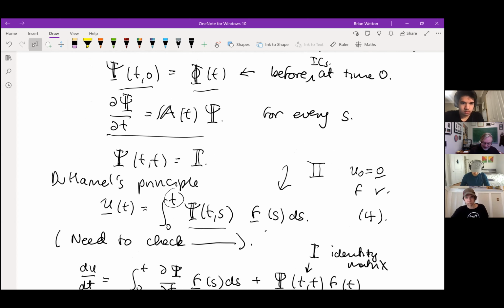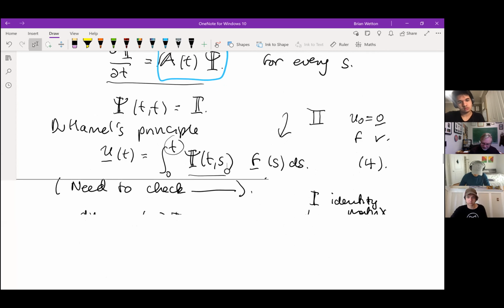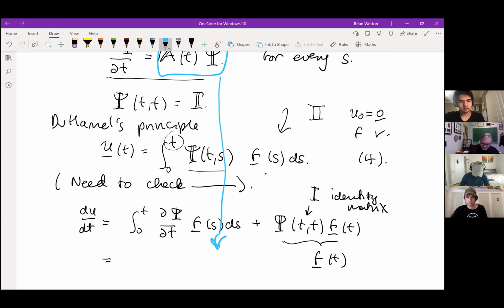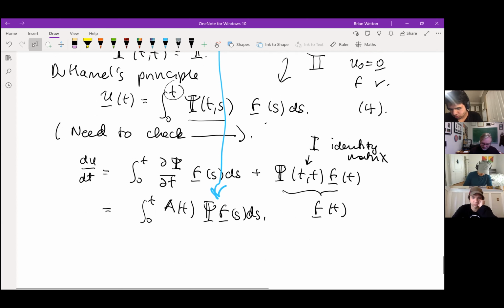Here, I'm going to use this property. Let's see if I can fit that in. So this is going to be the integral from 0 to t. Now this is A of t times psi f of s ds. Now I can pull this out.